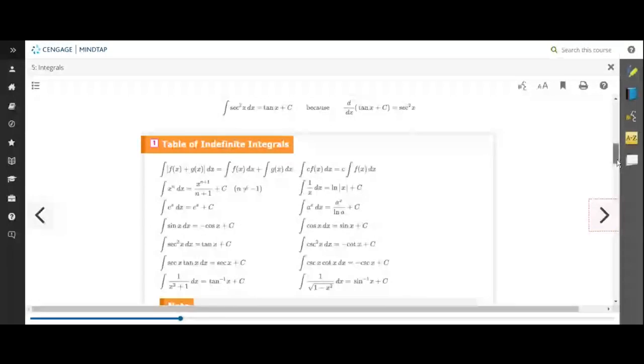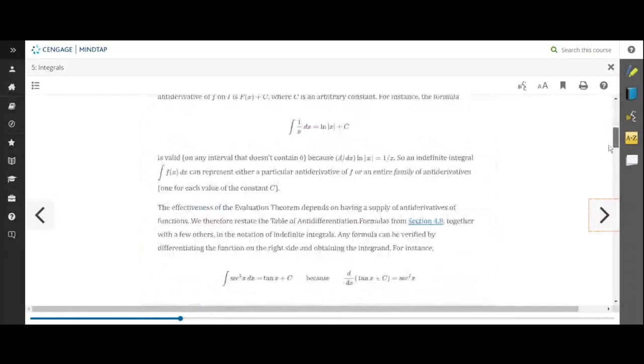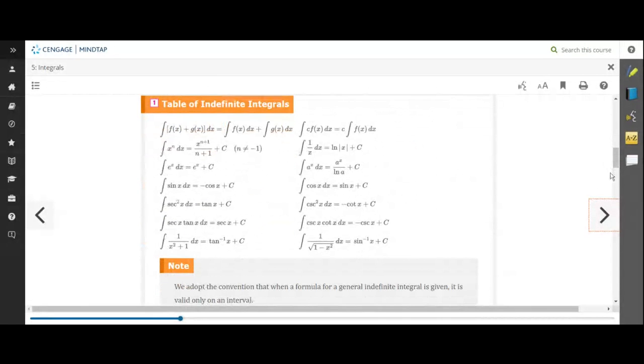In section 5.3, they have a table of indefinite integrals that you can refer to. You can refer to this table to help you apply the evaluation theorem.